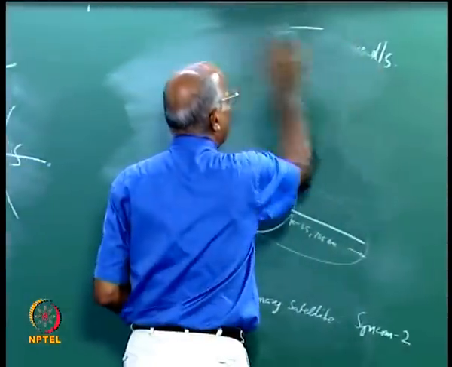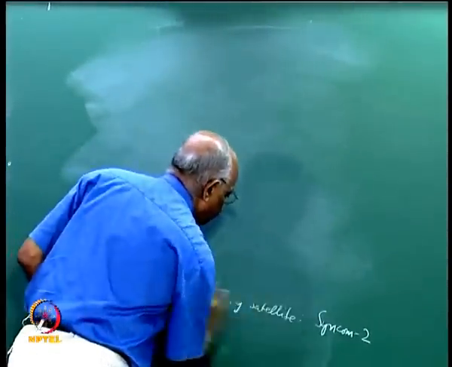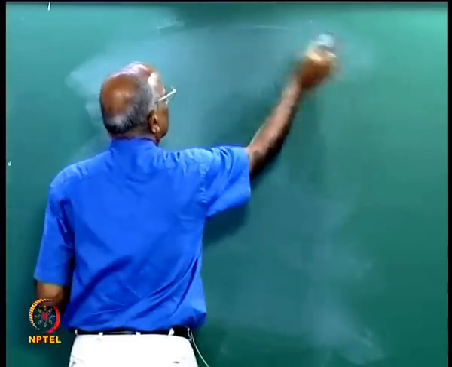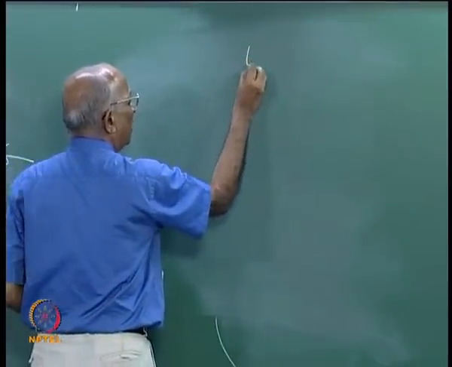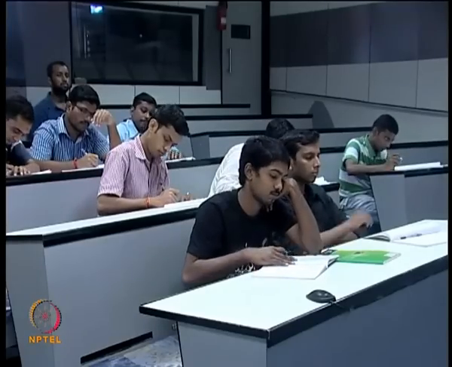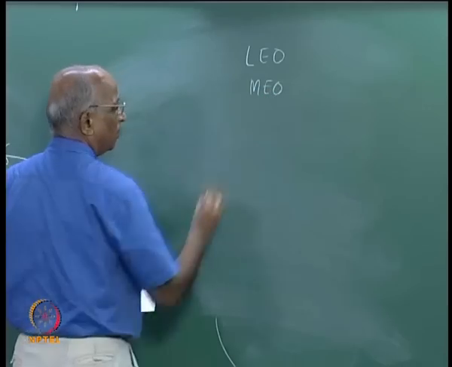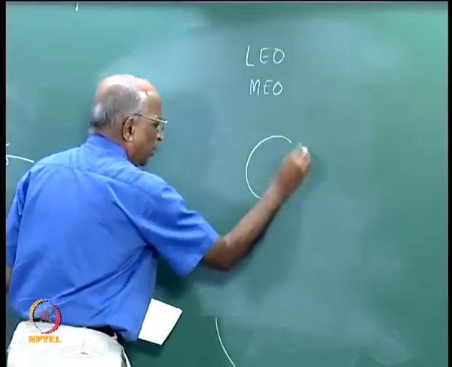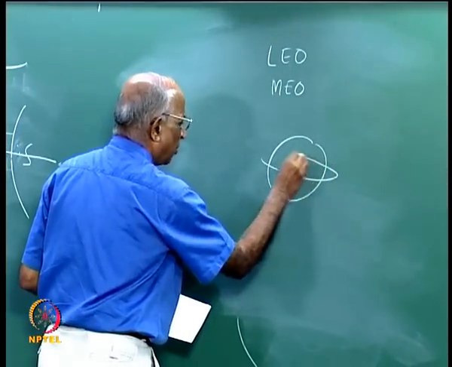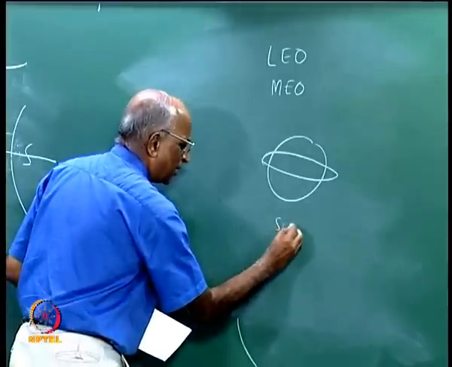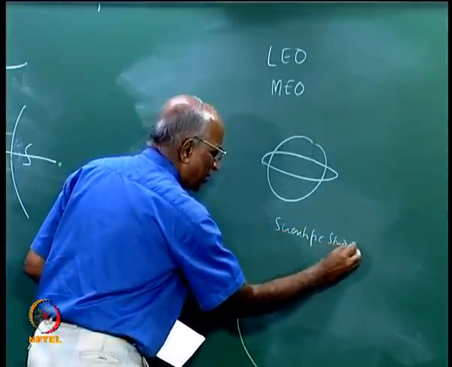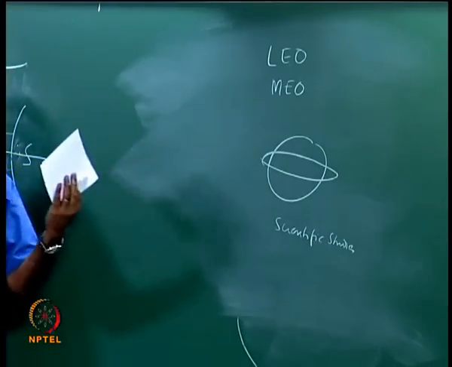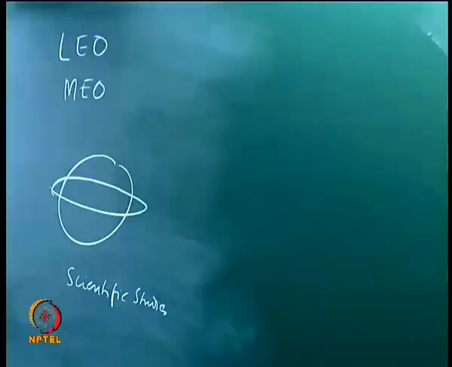Having said that, let us go one step further. We could as well have some other orbits. We could have a low Earth orbit around the Earth, and something like a medium Earth orbit. Low Earth orbits are normally used for scientific studies. We talked about the troposphere and the stratosphere.